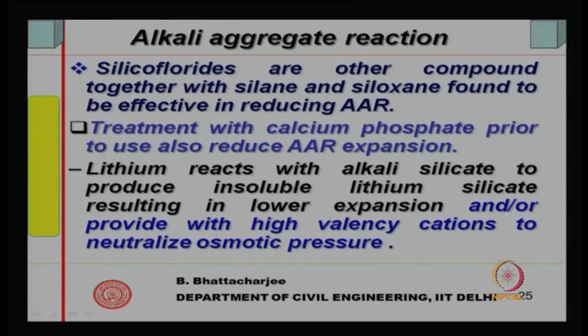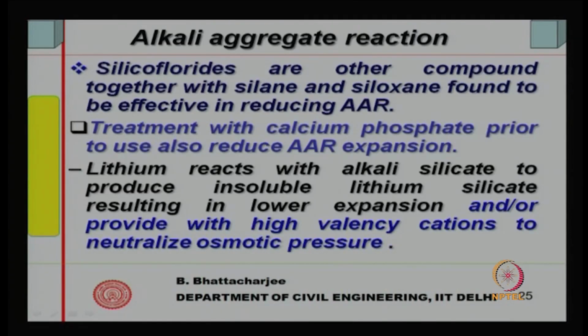As I told you, lithium reacts with alkali silicate to produce insoluble lithium silicate. So, this does not form gel and therefore, lower expansion, and they also provide high valency cations to neutralize the osmotic pressure, because the pressure which causes cracking has something to do with its osmotic pressure in the system. We will discuss about that sometime.